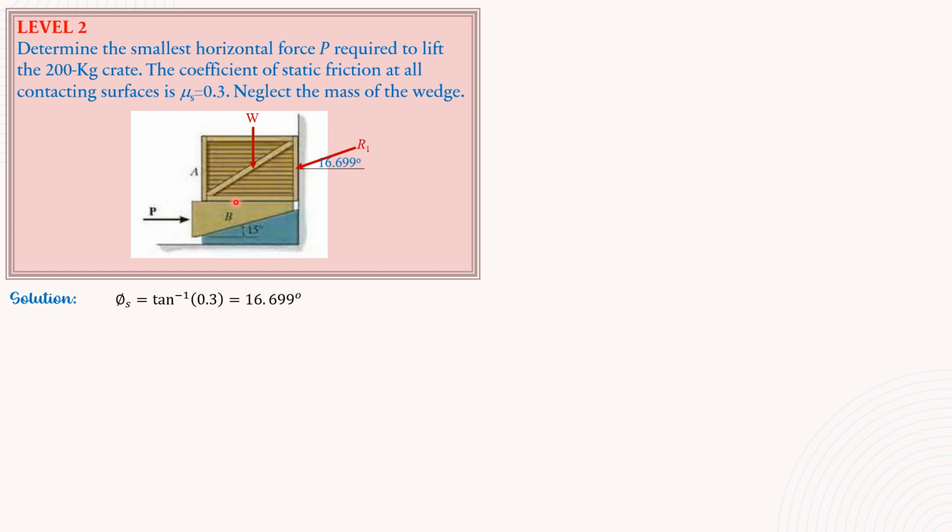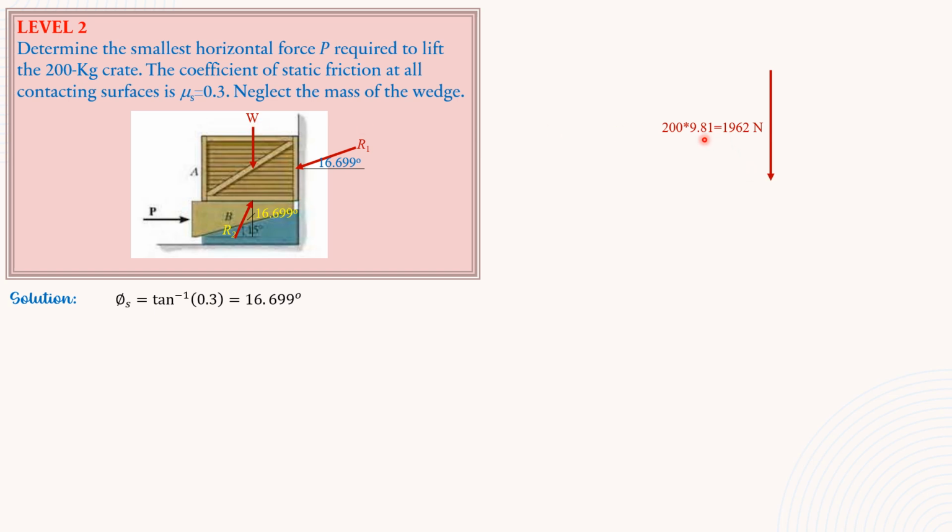Then the effect of P is to push this to the right. So the reaction here is up to the right as shown. And the angle that R2 makes with the vertical is also 16.699. So let's have the force triangle of these three forces which are in equilibrium.